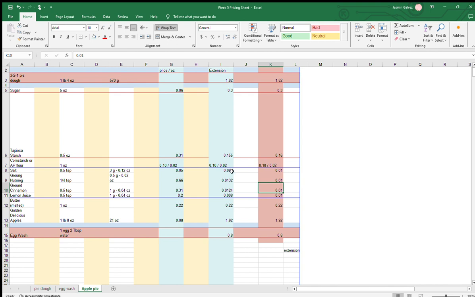So 0.006, to make this into 2 digits past the decimal point, we up the score, so turn 0.00 into 0.01 because 6 is more than 5.